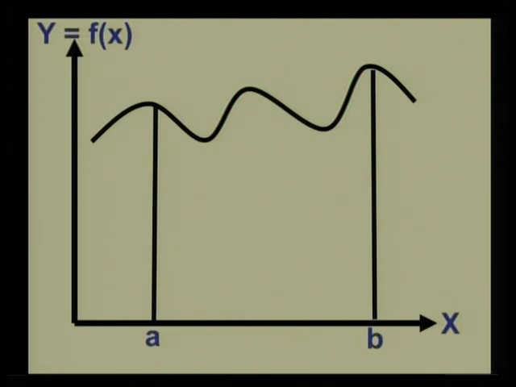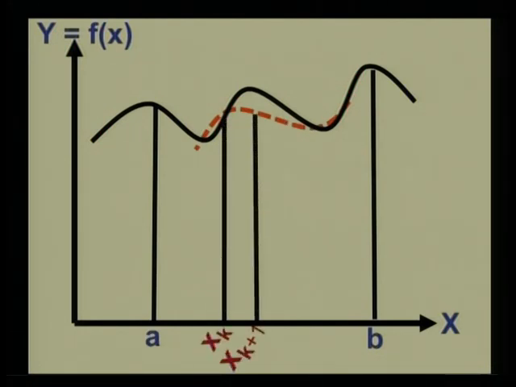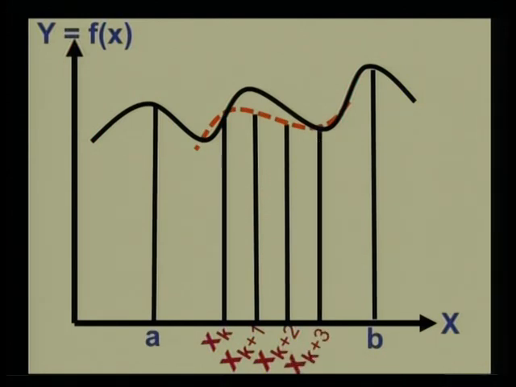In order to find the area using Simpson's 3/8 rule, we divide the entire area into n equal strips, each of strip size h, and consider 3 strips at the same time, bound between the points x equal to xk, xk plus 1, xk plus 2, and xk plus 3.